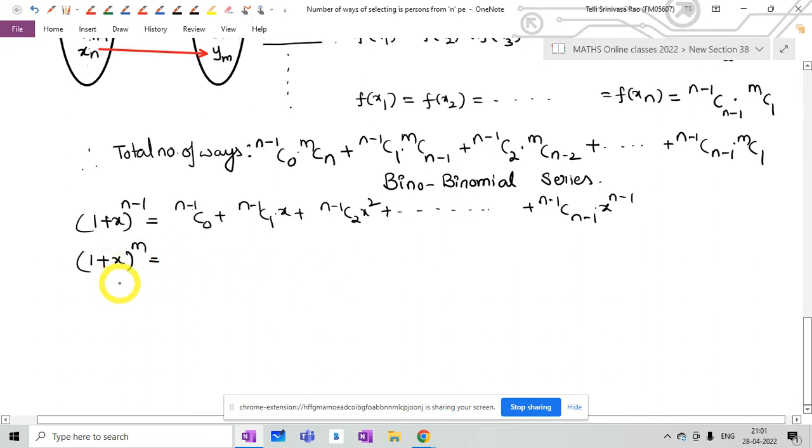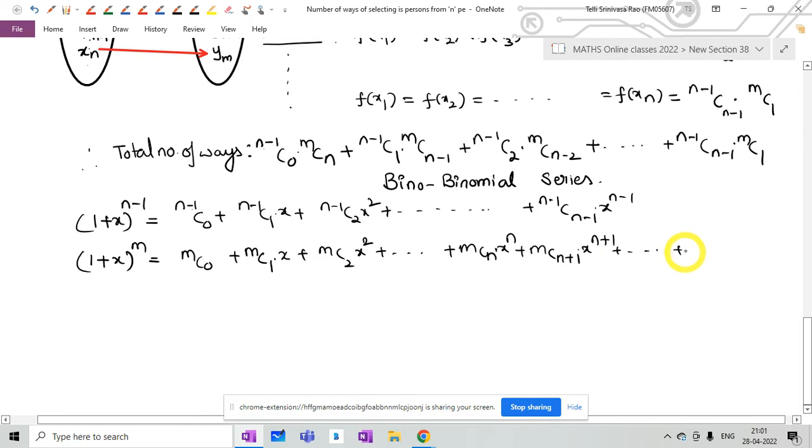Next, similarly, if we take this binomial, what do you get, children? We get mC0 plus mC1 into x plus mC2 into x squared plus so on up to mCn into x to the power of n, plus mC(n plus 1) into x to the power of n plus 1, plus so on up to mCm into x to the power of m.